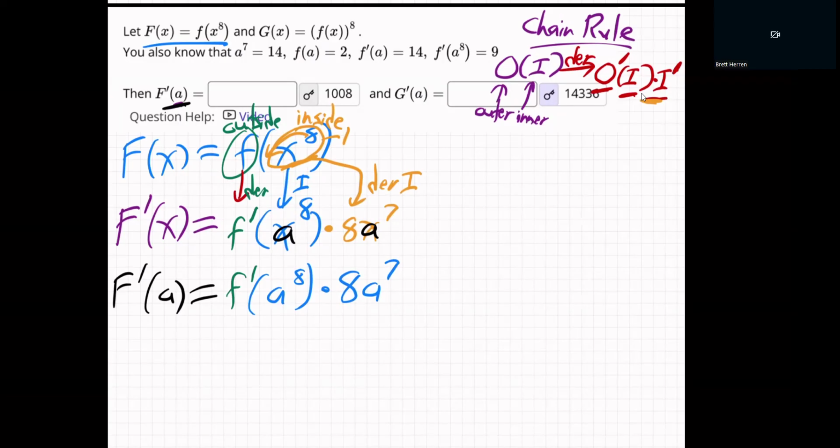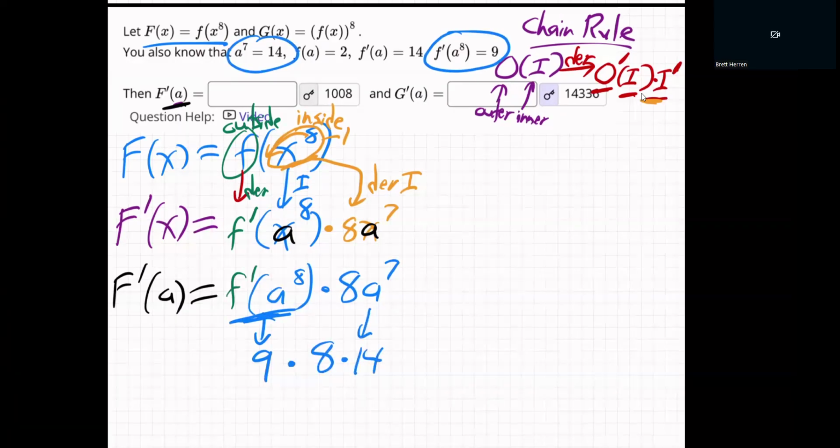Well, this piece right here, f prime of a to the 8th, they tell me that whole thing is 9. And a to the 7th, they tell me is a 14. So this is times 14. This is all f prime of a.